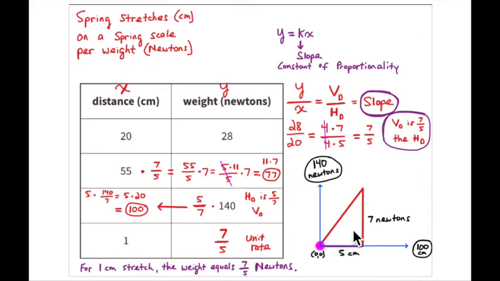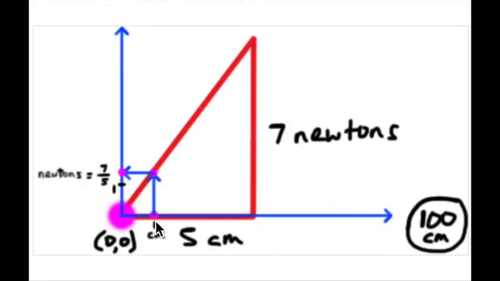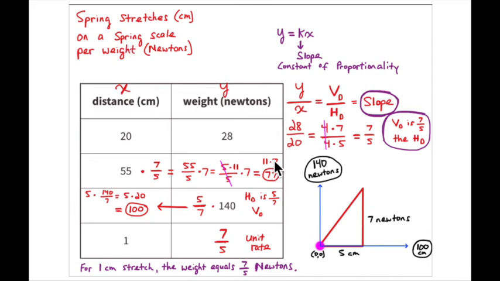So you want to set up a graph that would go to the right 100 centimeters. So you'd set up your scale to mark it out 100 centimeters, and to go along the y-axis, you would mark the scale to go up 140 newtons along the y scale.